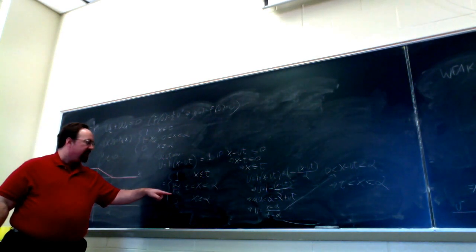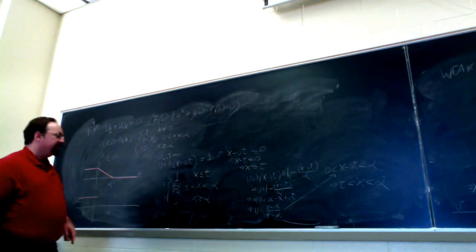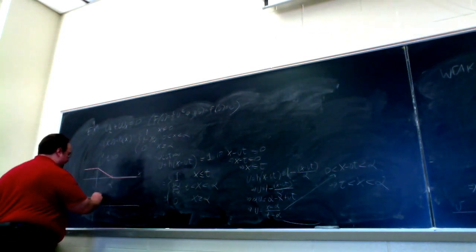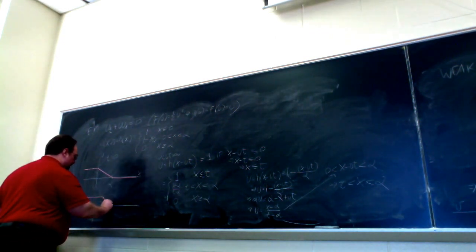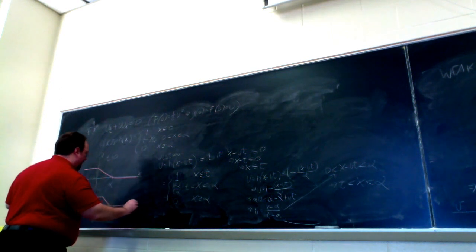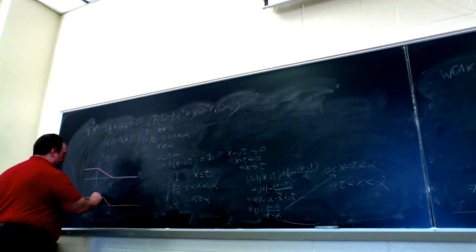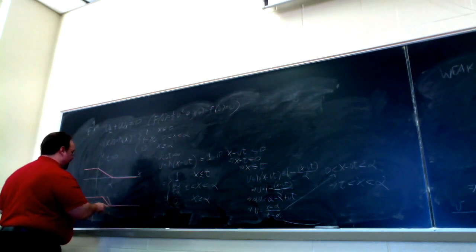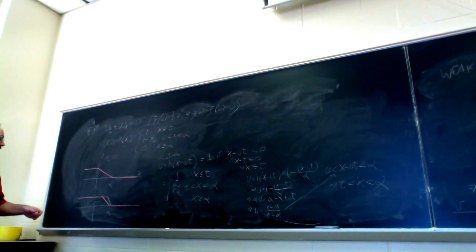But t is getting closer and closer to alpha. Therefore, the denominator is getting smaller. The slope is getting steeper and still negative. So it's going to behave something like this. And then it's just going to keep getting worse and worse. So it's going to be a sharper drop, but still going to 0 at this point.